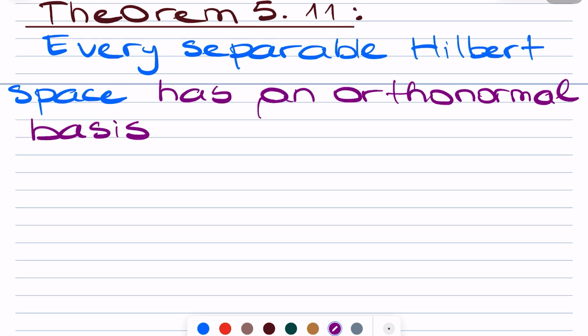Every separable Hilbert space has an orthonormal basis. Let's go quickly into the proof. This is the last theorem of this lecture, and also the last theorem of this lecture on Hilbert spaces in general.